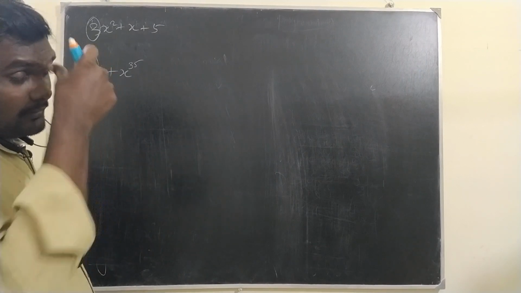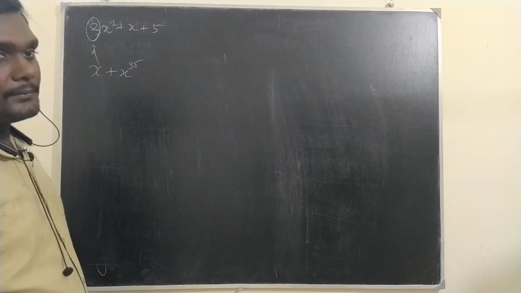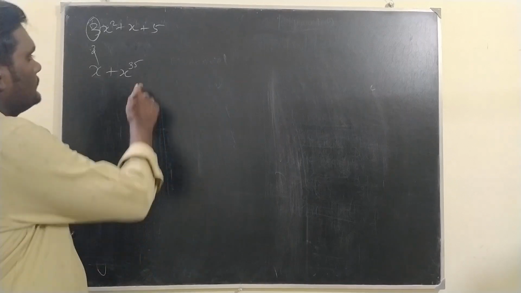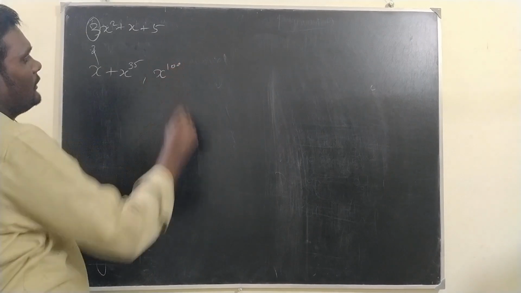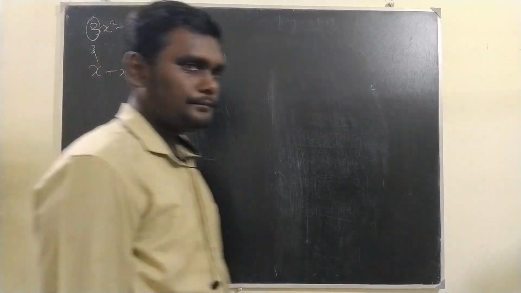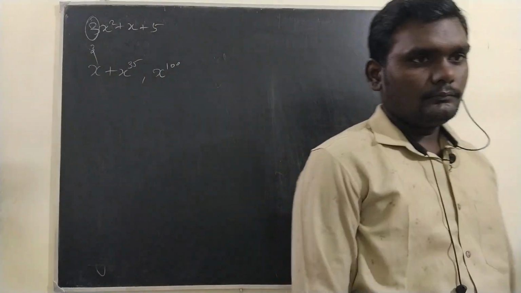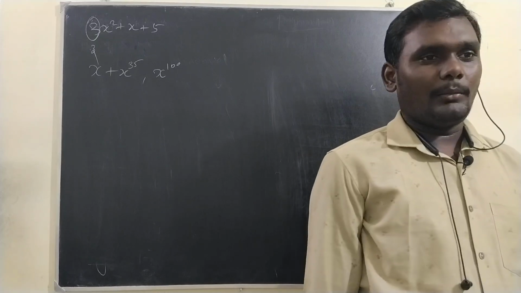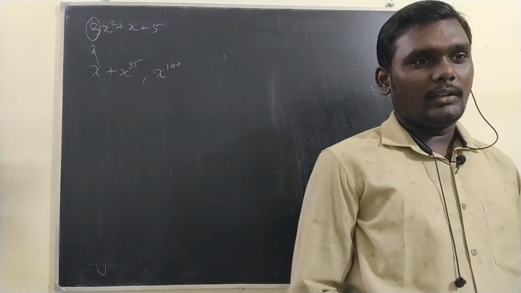And then monomial of degree 100. X power 100. Use different variables also. Next person. A power 100. Monomial of degree 100. And then binomial of degree 35.